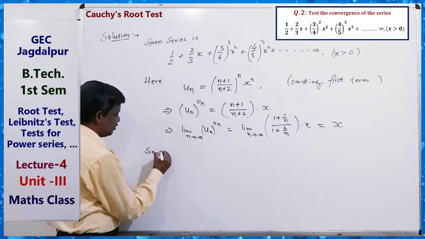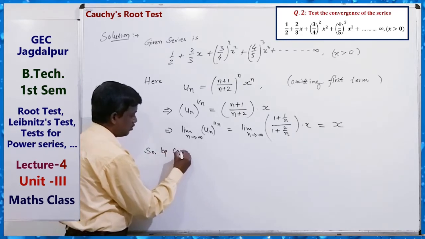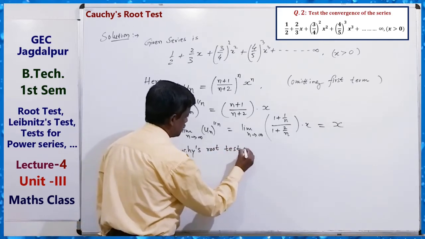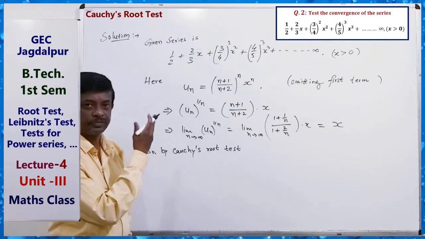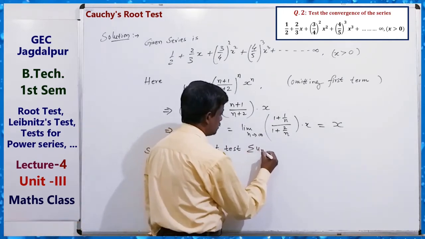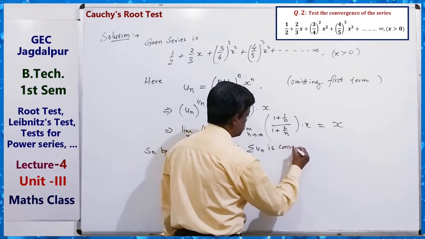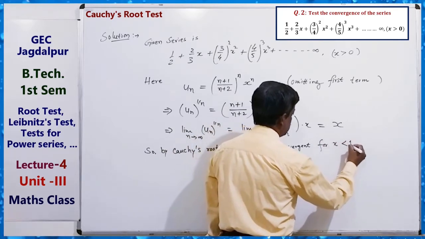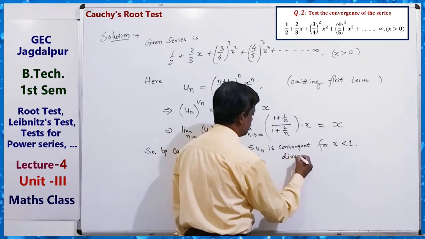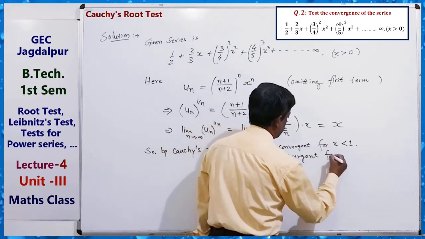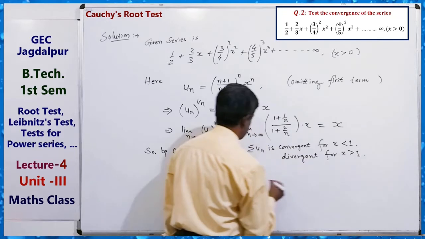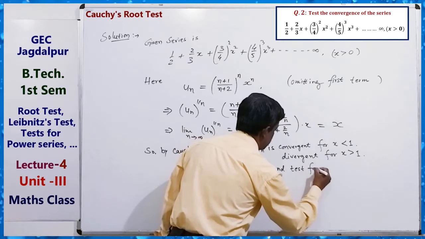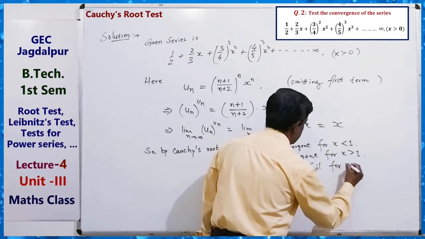So, by Cauchy's root test, the series is convergent for x less than 1, divergent for x greater than 1, and the test fails for x equals 1.